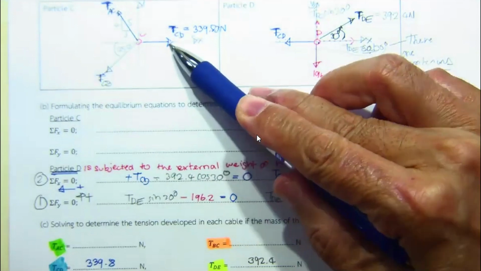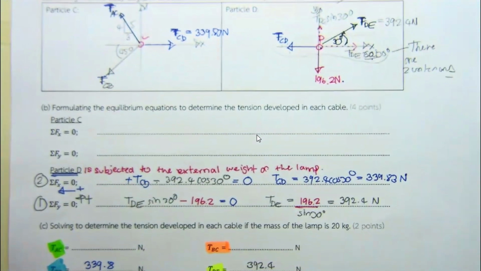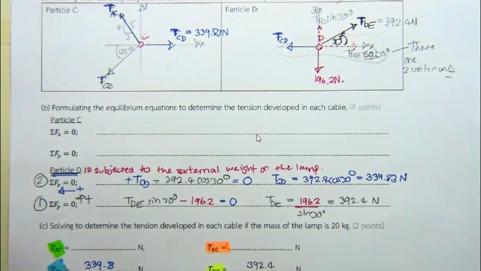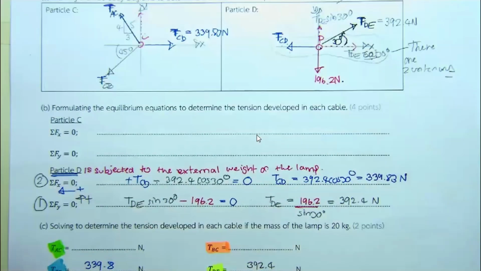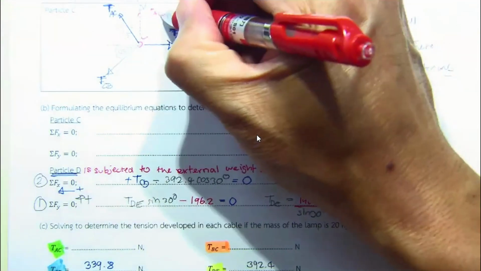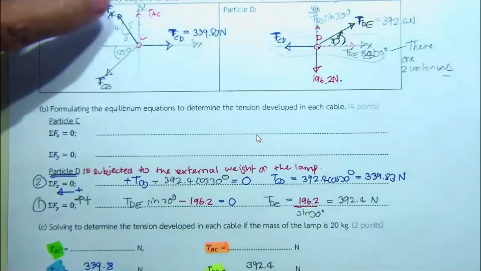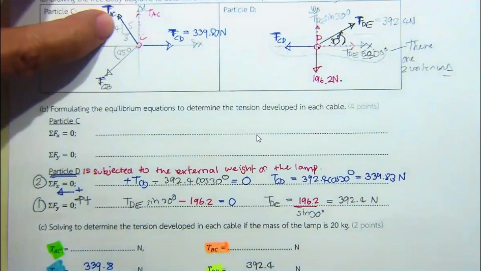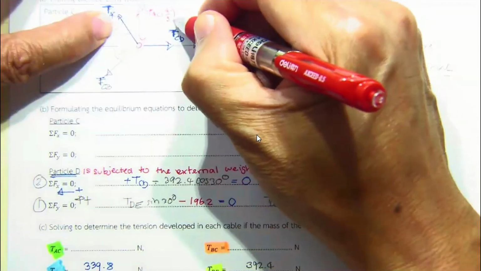Then you should be able to determine T sub AC and T sub CB. Again, you do that. Determine the component of this one. This is going to be T sub AC. In the vertical, this is going to be 4 over 5.